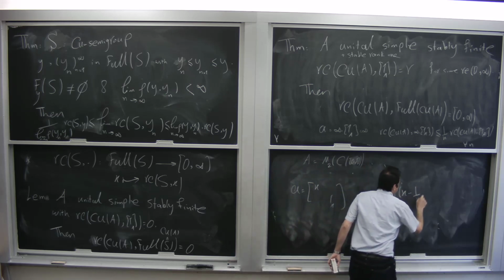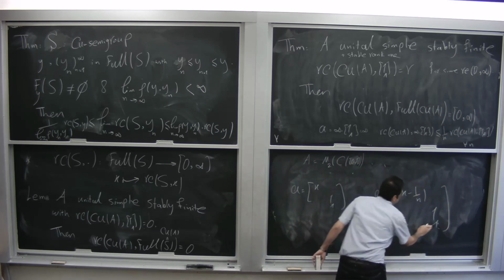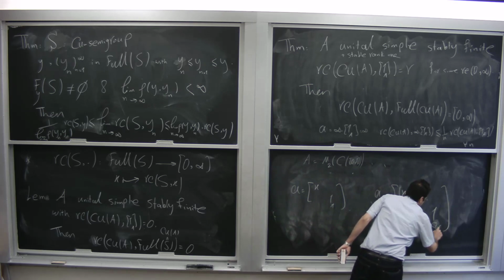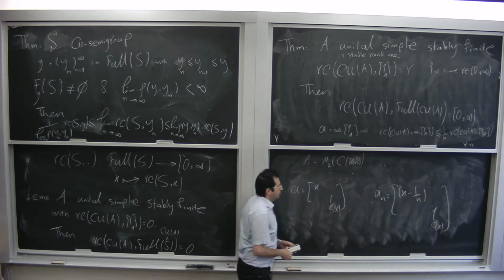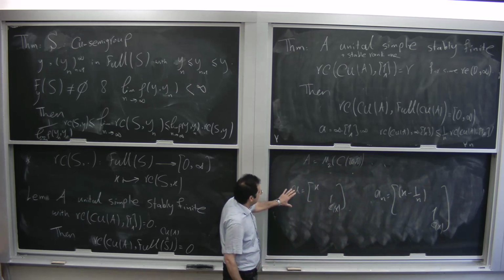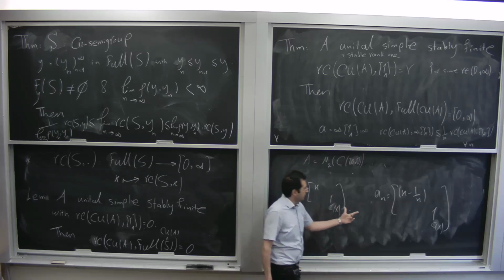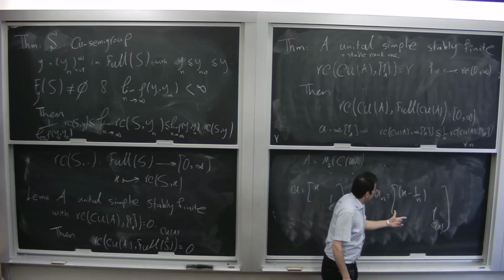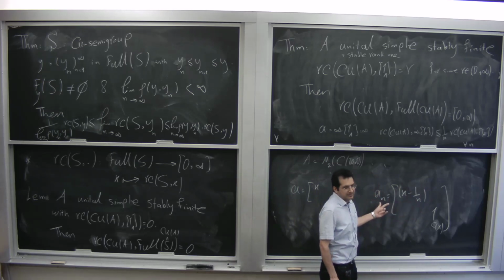X minus 1 over n, positive part, identity of C of X. Now you can consider the radius of comparison with respect to this full element, or you can also consider the radius of comparison with respect to these full elements, even for any n.